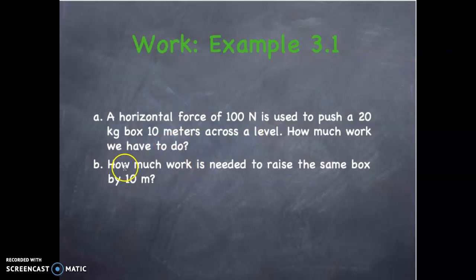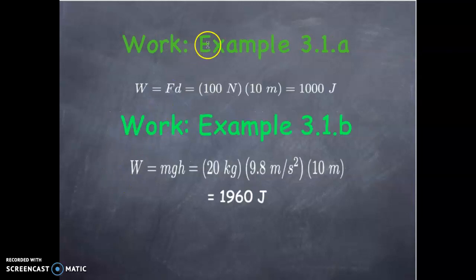And compare that with B: how much work is needed to raise the same block 10 meters? The answer is here. In the first case, the force is 100 newtons and it travels a distance of 10 meters. 10 times 100 is 1,000. A newton times a meter is a joule. So 1,000 joules.